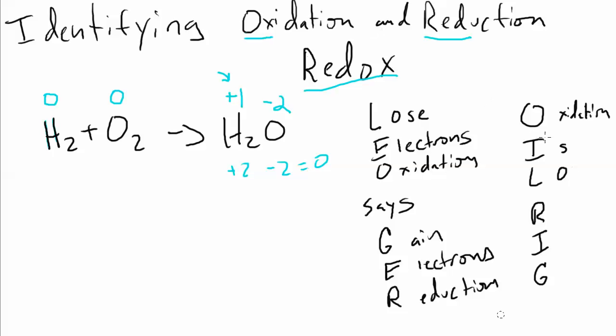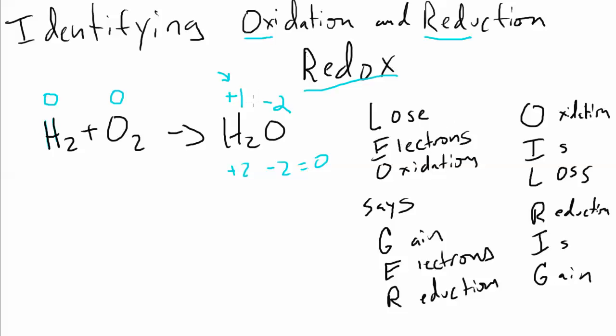Sorry about that. So oxidation is loss. Oops. Wait. Reduction is gain. So the mnemonics are telling you the same thing. Losing electrons is oxidation and gaining electrons is reduction.